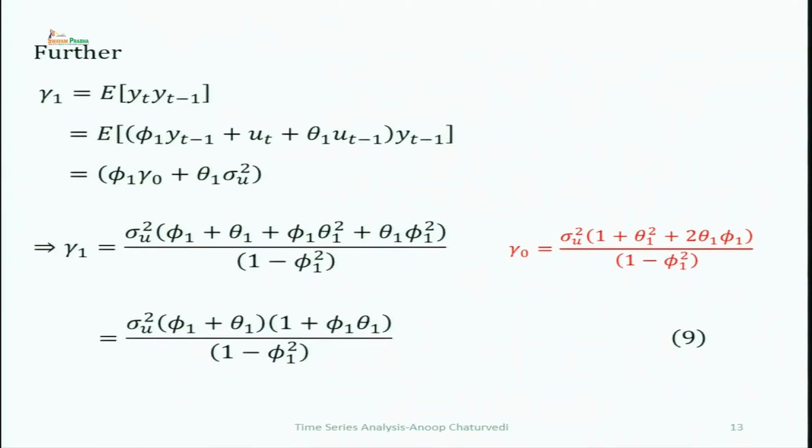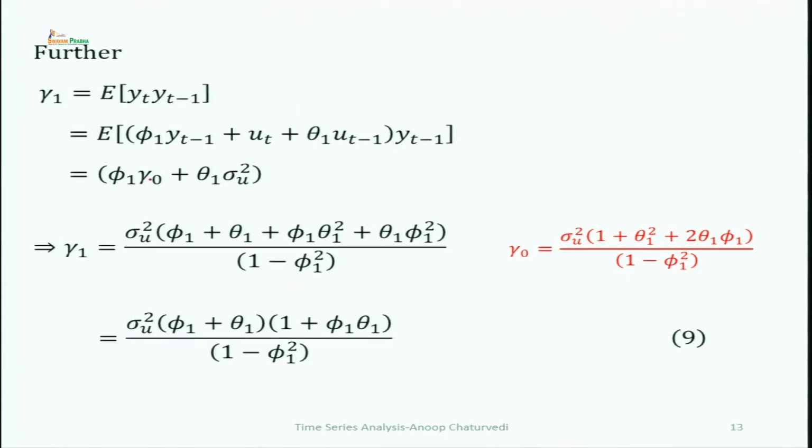Again we obtain gamma 1, which is equal to expectation of y t y t minus 1. Then we write y t equal to phi 1 y t minus 1 plus u t plus theta 1 u t minus 1, and we multiply it by y t minus 1, and then we take expectation. So, expectation of the first product is phi 1 into expectation of y t minus 1 square, which is gamma 0.